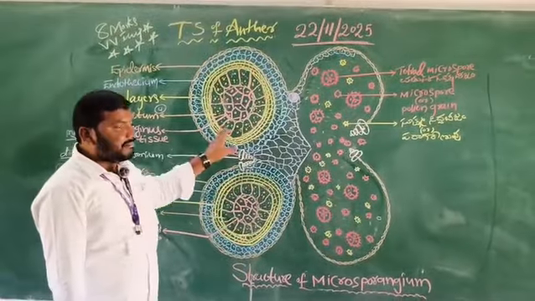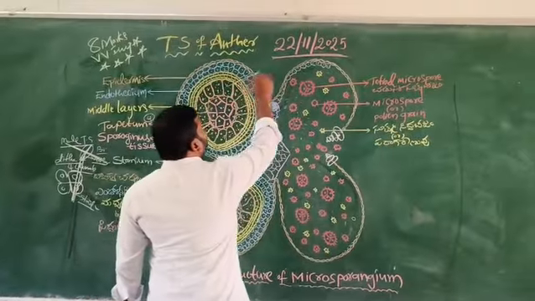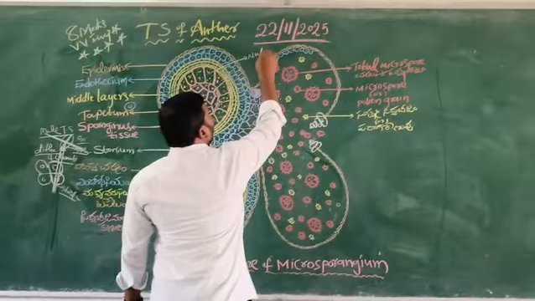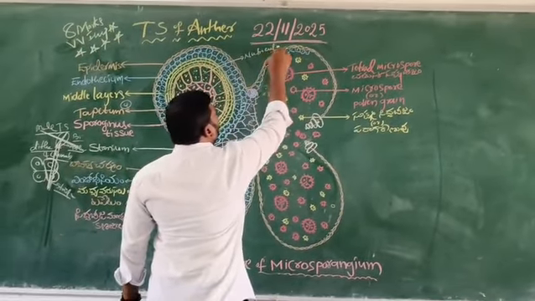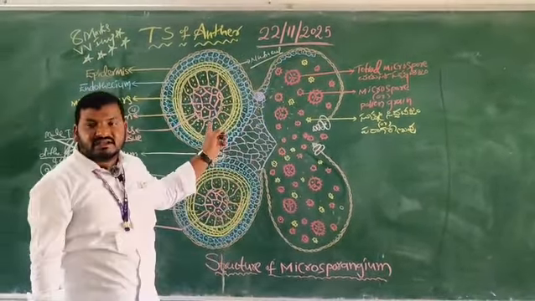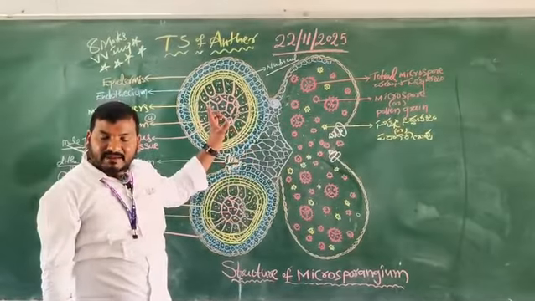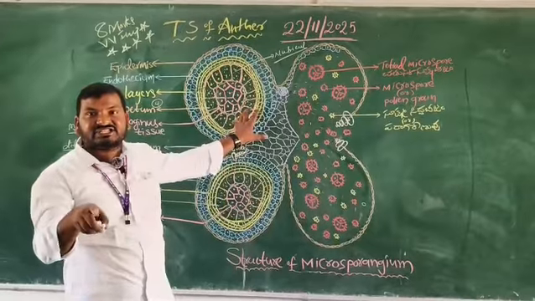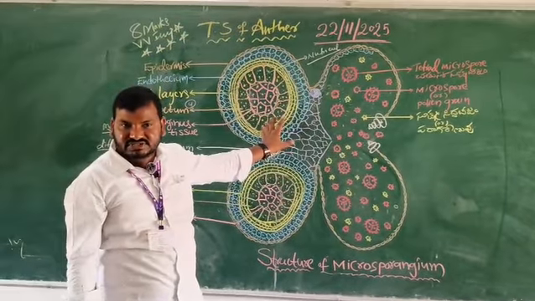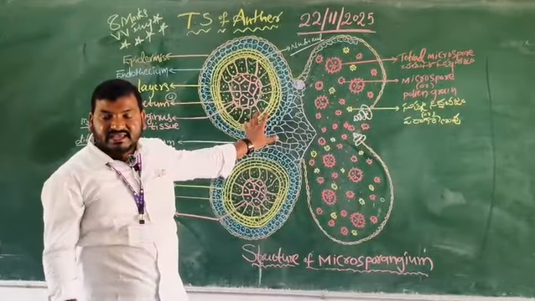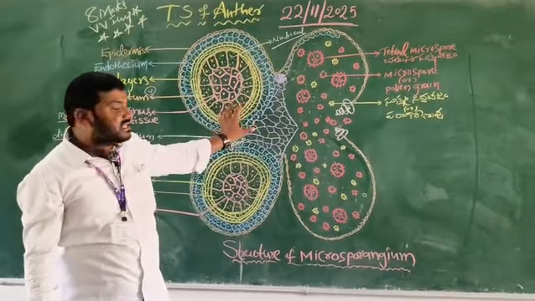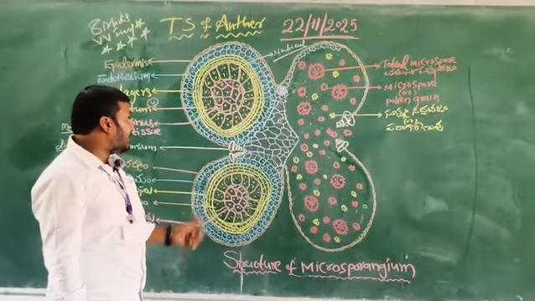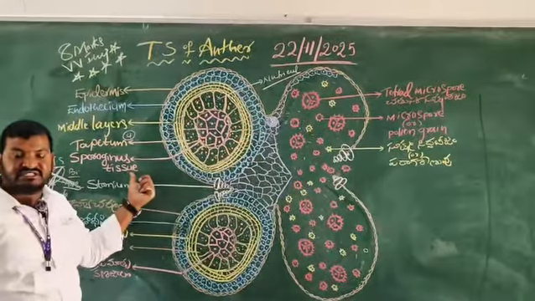The main nature of this is that it is a nutrient-containing tissue, so it is called nourishment tissue. It gives nutrients for the developing sporogenous tissue.